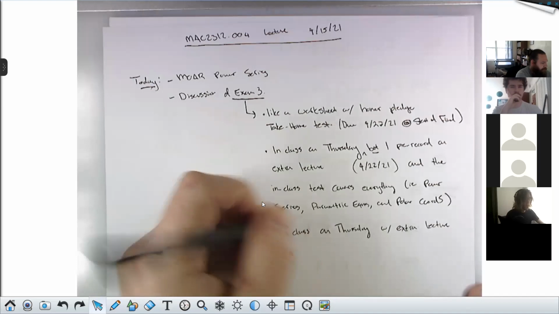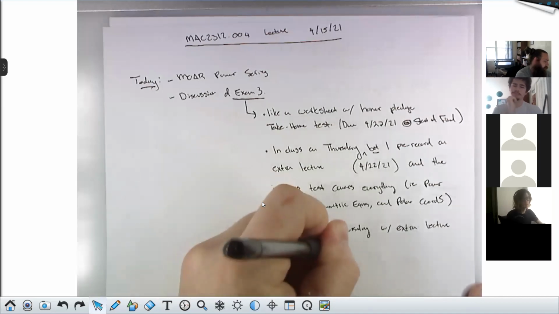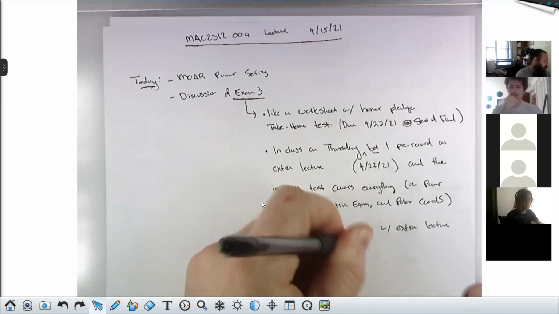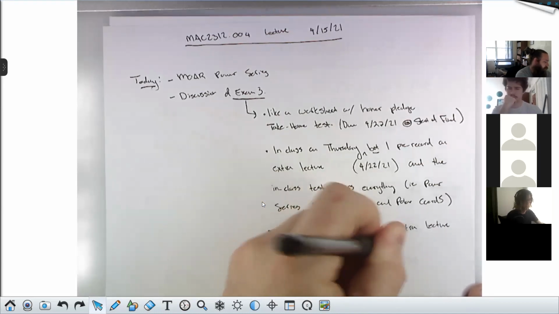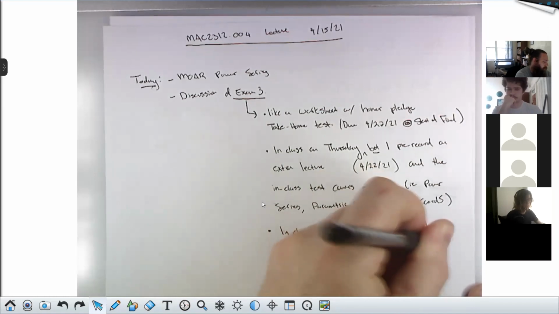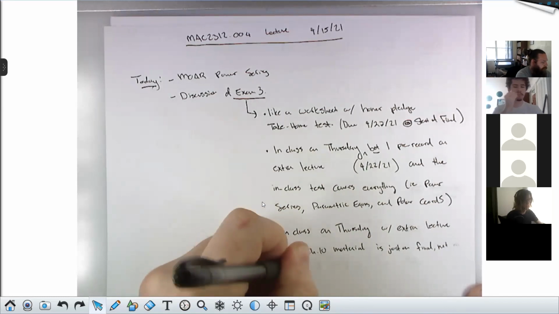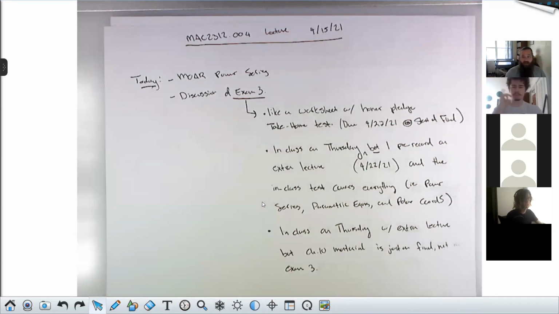But the chapter 10 material is just on the final, not on exam 3. I advise against this third option. I advise against this third option precisely because it would mean test 3 is all power series.